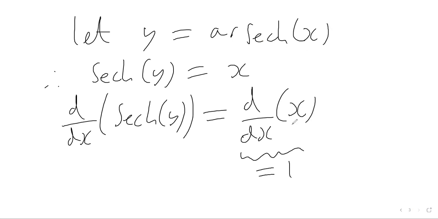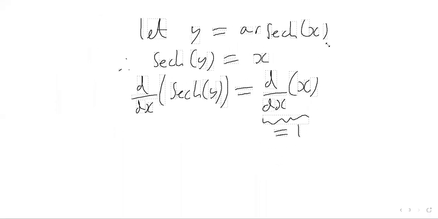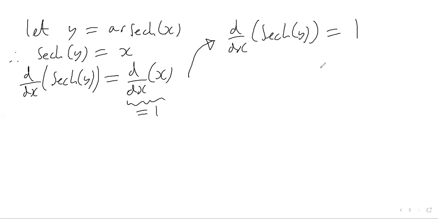So what do we get then? Well, we get that the derivative of sech of y with respect to x is just equal to the number 1. So let's just write that up there. So d by dx of sech of y equals the number 1.